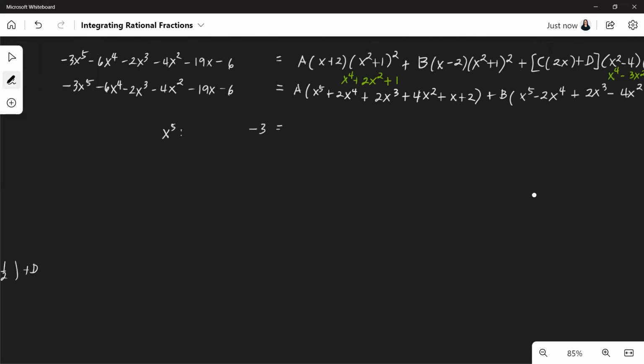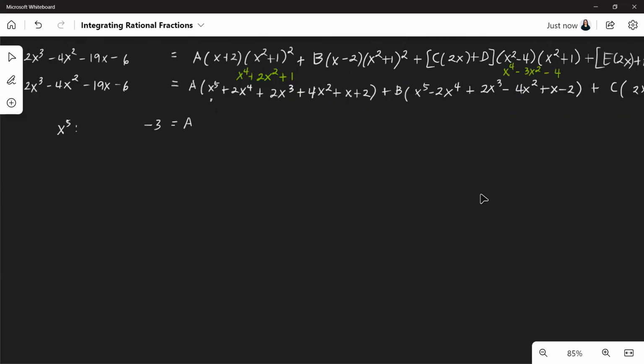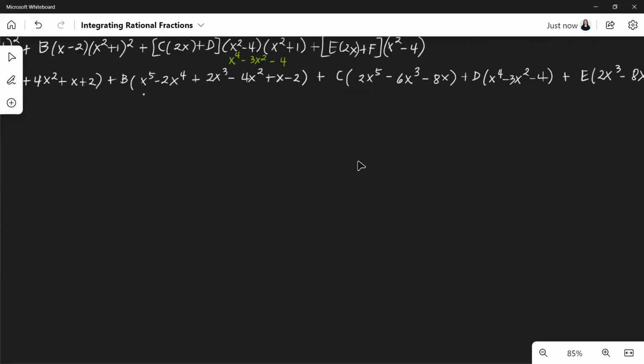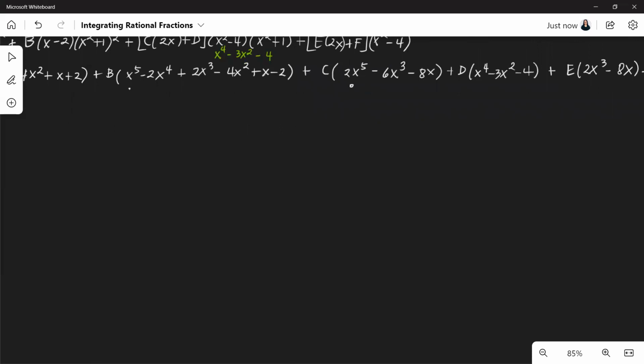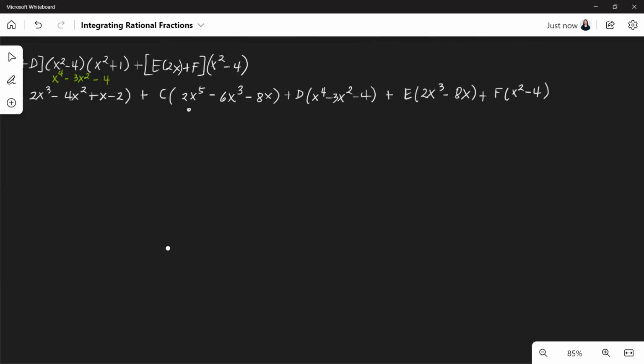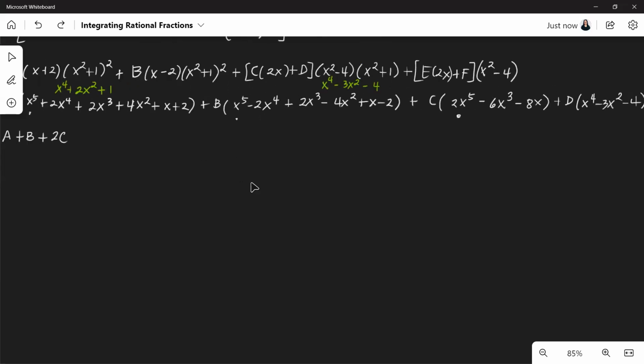So on the right side, you can put a dot after writing the corresponding coefficient so that we will not be confused with so many terms here. So followed by this multiplied to b. So that's plus b. And then look for other terms with x raised to 5. So this one, that's 2c. So plus 2c. And then no more x to the power of 5 terms left.